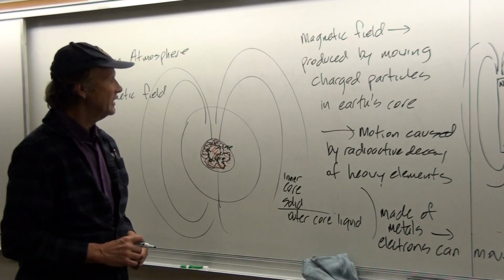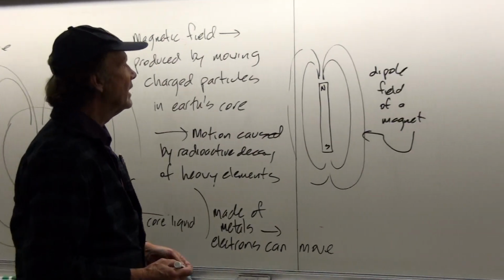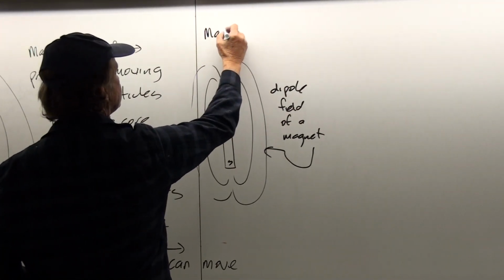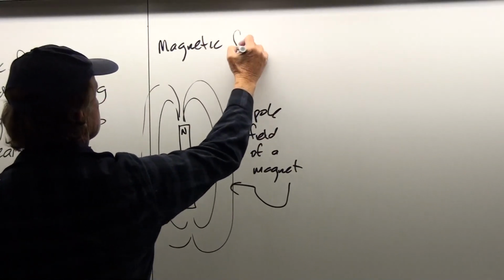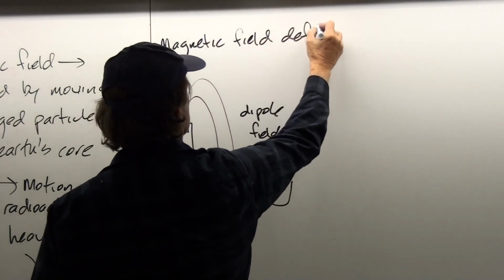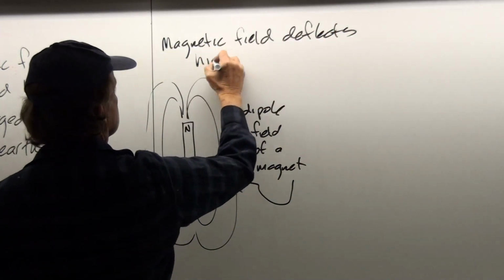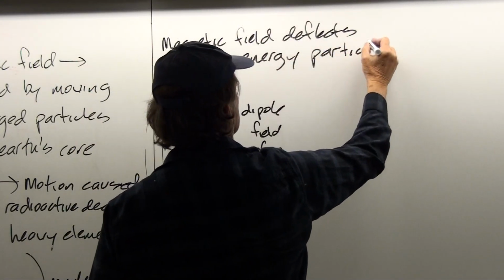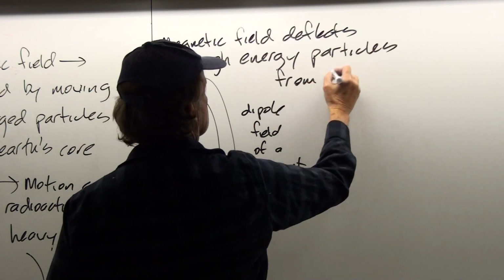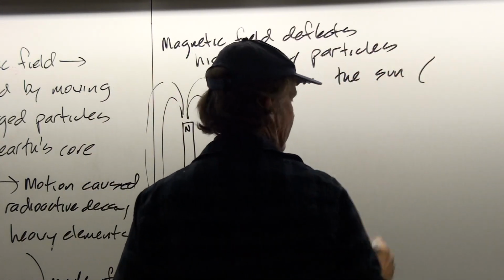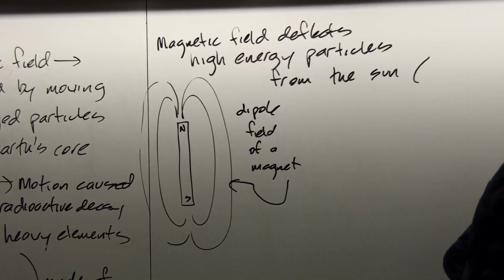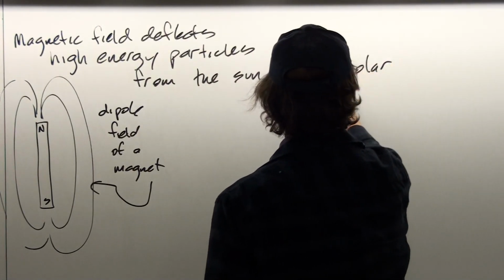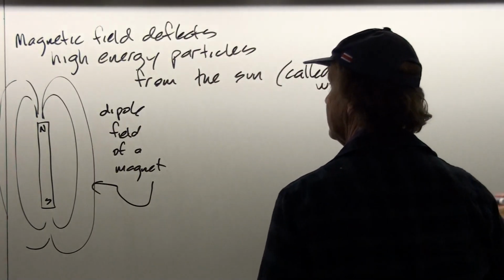And so why is that good? Well, this is important because the magnetic field can deflect high energy particles from the sun. And these high energy solar particles are called the solar wind. Is this significant? Well, yeah.